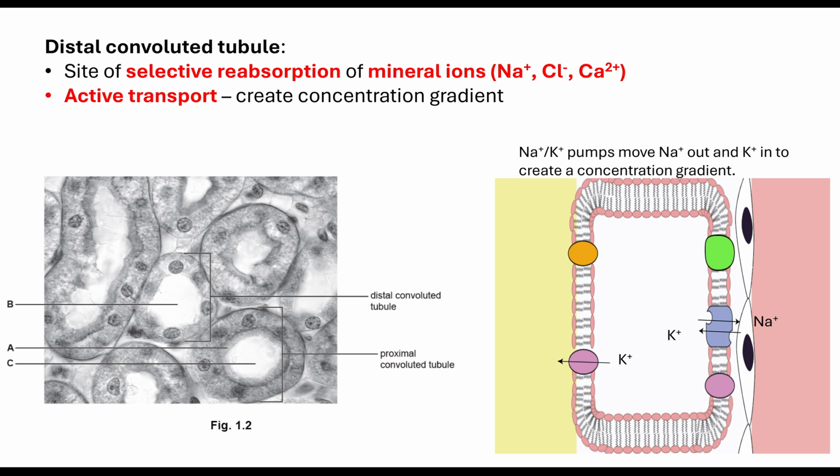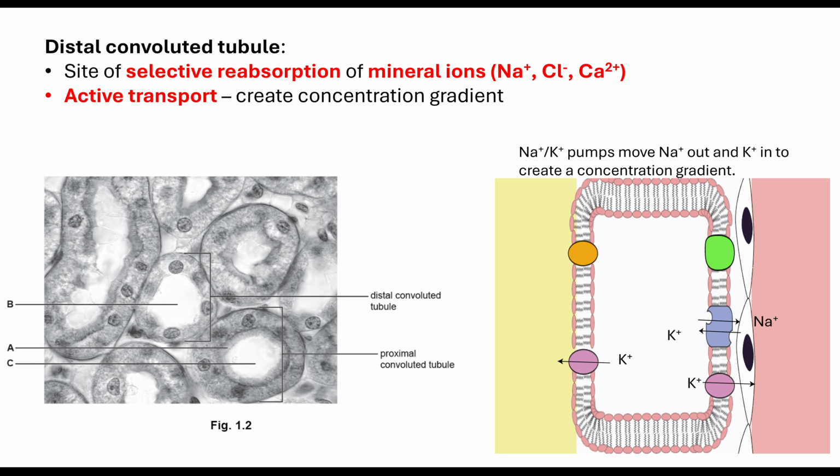So potassium can actually diffuse down its concentration gradient out of the cell because there are potassium channels within the cell membrane. Well, the sodium has obviously moved out of the cell, and because the sodium and the potassium have charges, what you tend to find is that there is a potential difference between the inside of a cell and the outside of a cell.